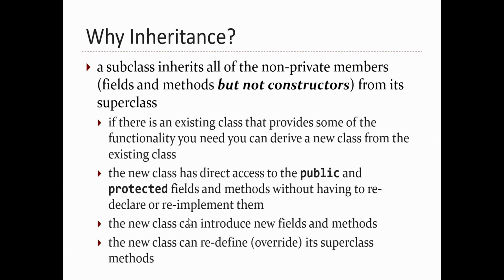Now a new class, or the child class, is allowed to introduce new fields and methods. So it can add extra functionality and extra information by adding extra methods and extra fields. And finally, we've seen this already: child classes are allowed to redefine, or override, that's the term used in Java, methods that it inherits from its superclasses or its ancestor classes.